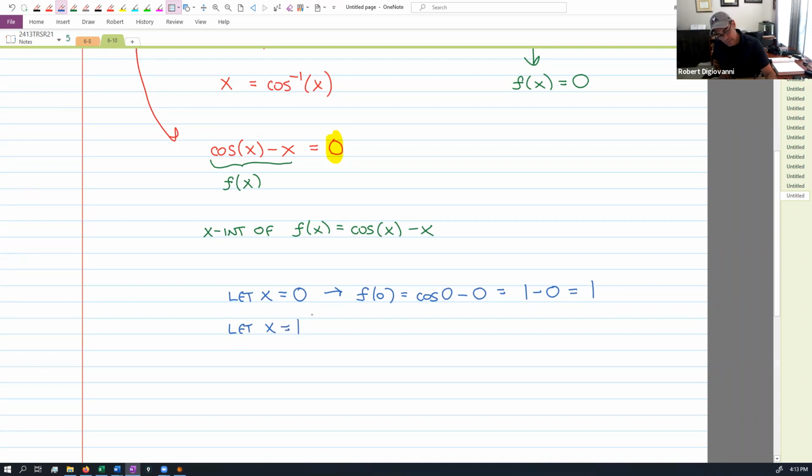x is 1. If I plug 1 into this function, then I'm going to do cosine of 1 minus 1. That I'm going to need my calculator for. I'm in radian mode, not in degree mode. Radian mode on my calculator.